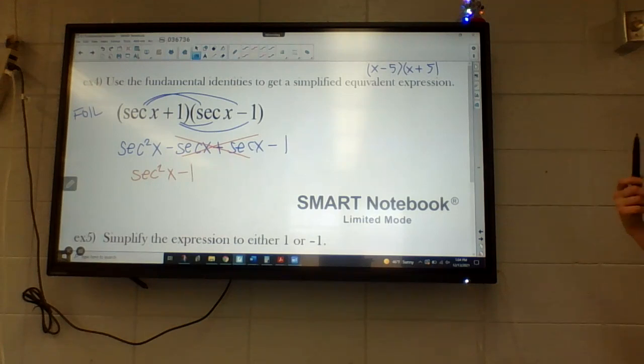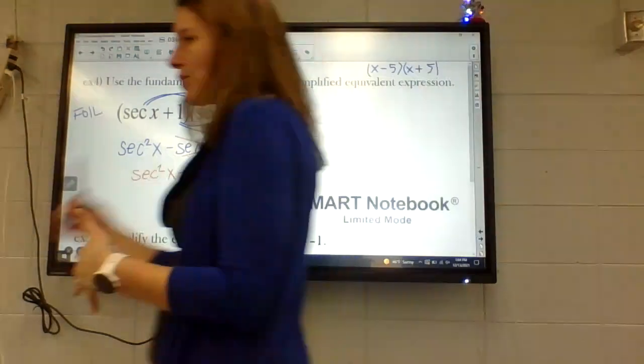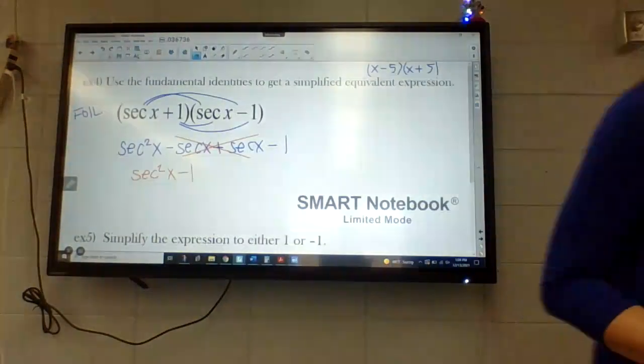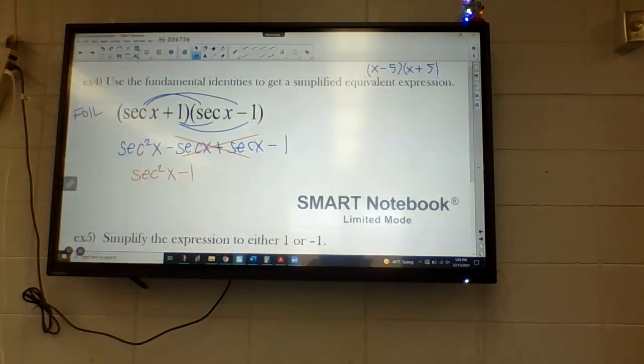Once we're at this point, anytime you see squares and ones, I usually think of the Pythagorean identities, but again, this is just something you guys are going to get better at and better at. Hopefully you notice what this is going to be the same as. Yeah, and actually, we have this exact one on the other side of our salmon sheet.